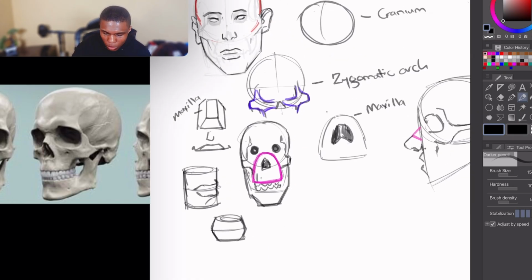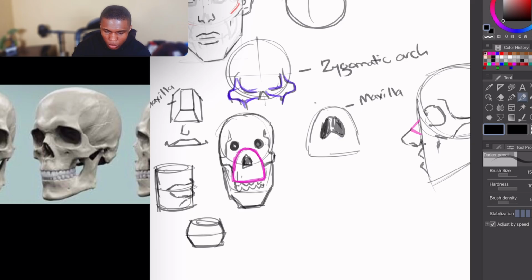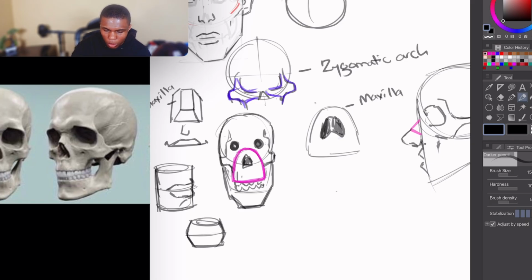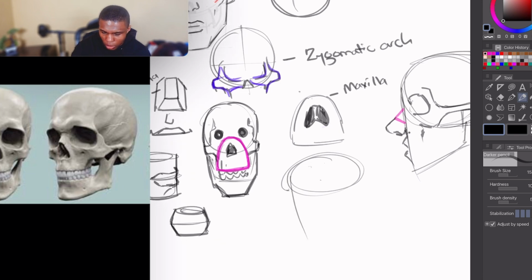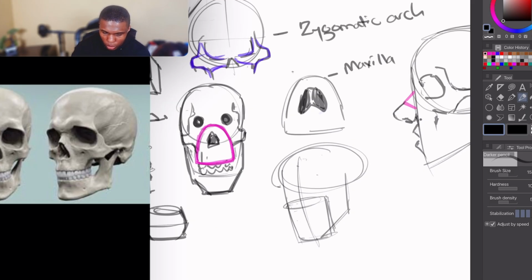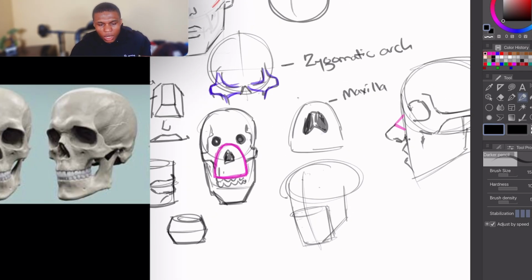But we are focusing on the skull. So we have the upper and lower jaw, and you can use a cylinder for that shape. Basically, that is what I'm trying to say. So let's say you have your skull like this, then you have this here. You could use a cylinder to just represent this area that you're drawing over here, and it will be easier to draw when you look at different angles, because drawing it in just this angle is quite easy.